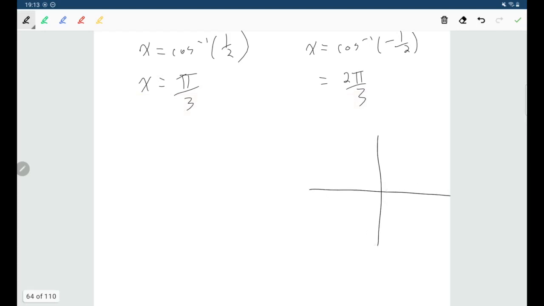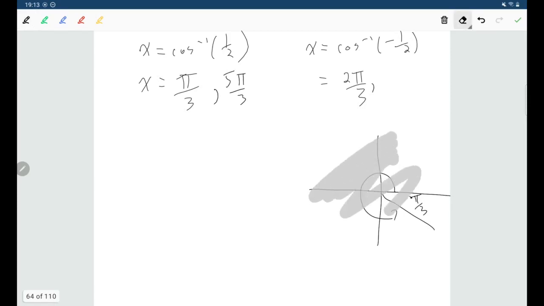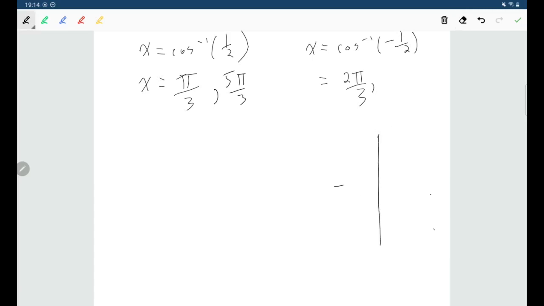But even in one full revolution, we haven't found all the solutions, because in addition to pi over 3, where cosine is equal to a half, there's also a quadrant 4 solution, 5 pi over 3, where cosine is equal to a half. And similarly, there's places where cosine is negative, not just 2 pi over 3, the quadrant 2 solution, but also there's a quadrant 3 solution, which is 4 pi over 3.